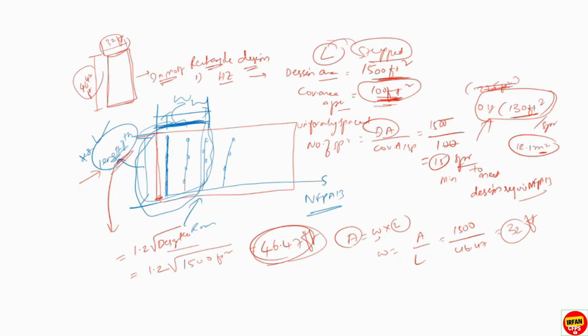But for now, just remember, in most scenarios, we will consider the design area as a rectangular shape. As I told you, length is always parallel to the branch lines. Just remember this point. Okay, now one more point.